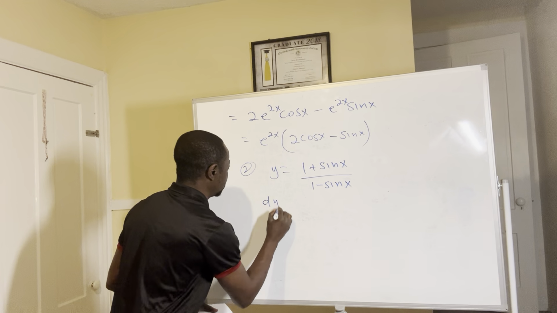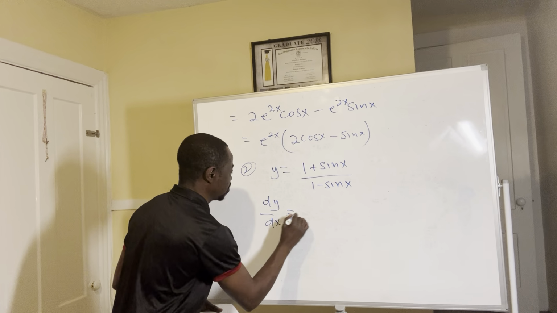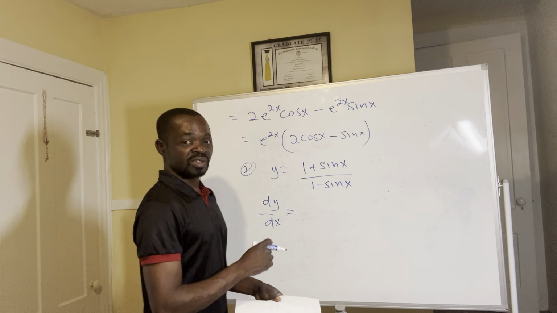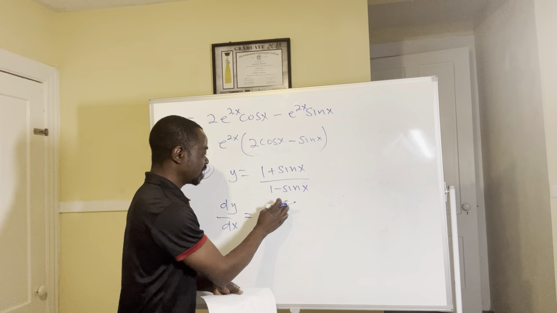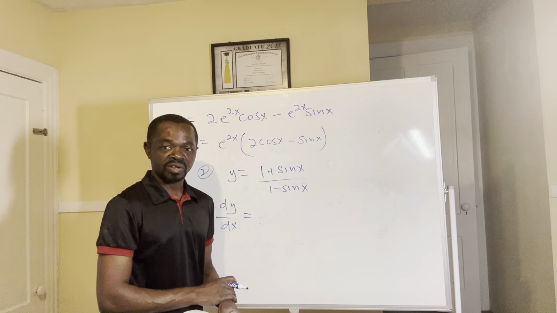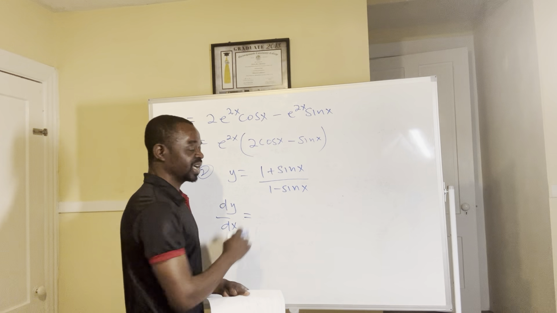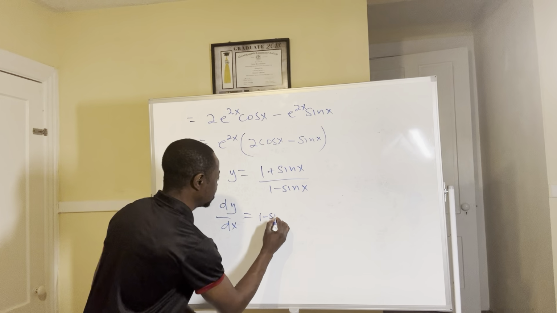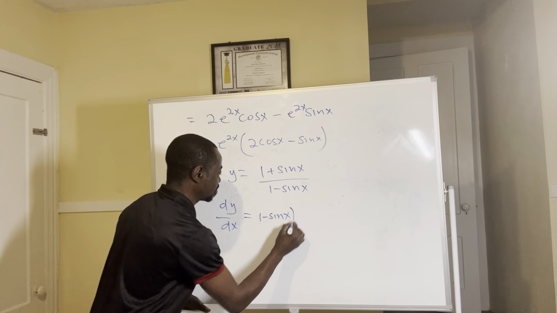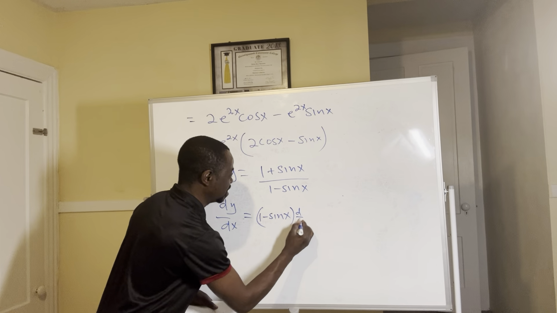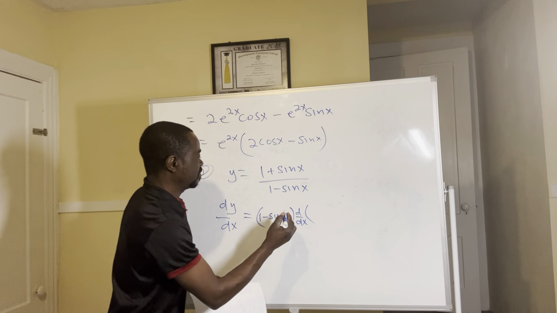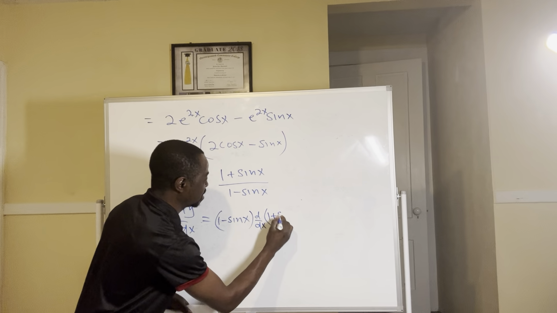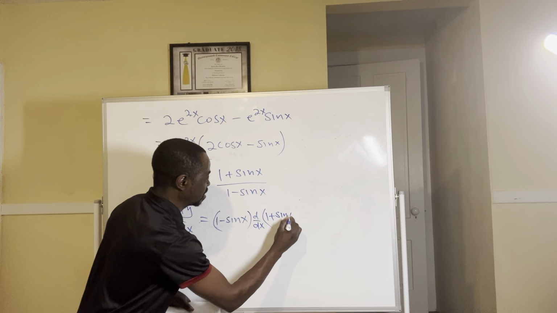So dy/dx is equal to, first of all, we hold the guy at the bottom constant, then we differentiate the guy at the top. So we have 1 minus sine of x, then we differentiate d/dx of 1 plus sine of x.